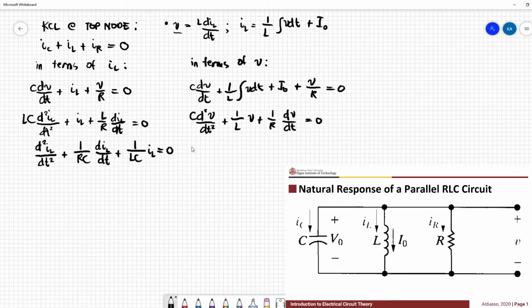Now rearranging this equation to become d squared V over dt squared plus 1 over RC dV over dt plus 1 over LC V equal to 0.